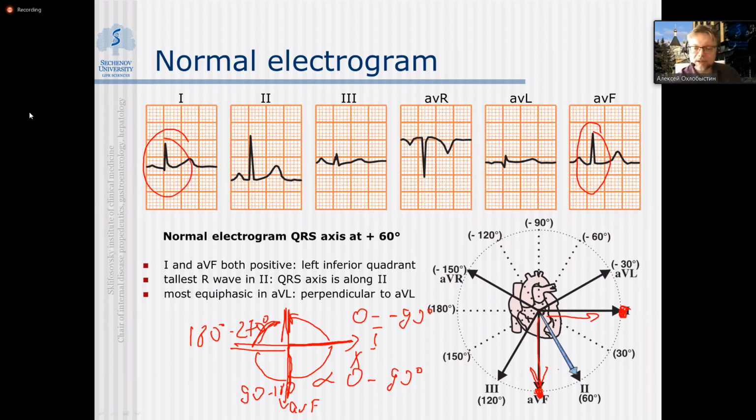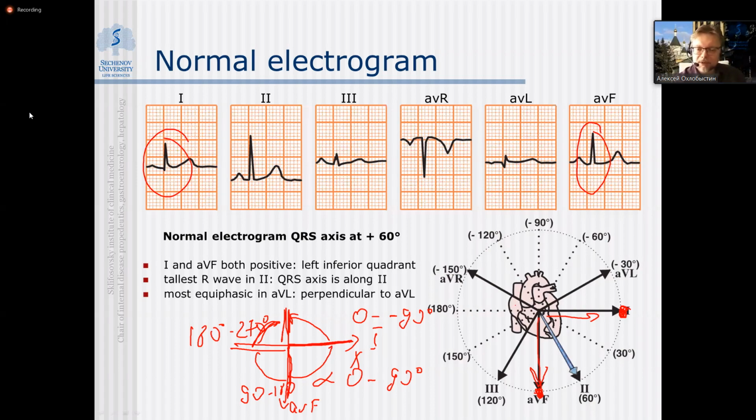Are you talking about deflection at the ECG or the 6-axis system here? Yes, I'm talking about, I think I didn't understand what you said, with alpha from 0 to 90 and then from 0 to minus 90 degrees. Okay, let's discuss it once again.